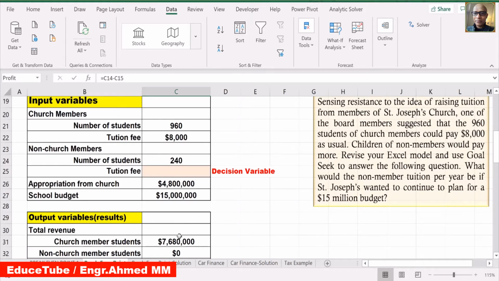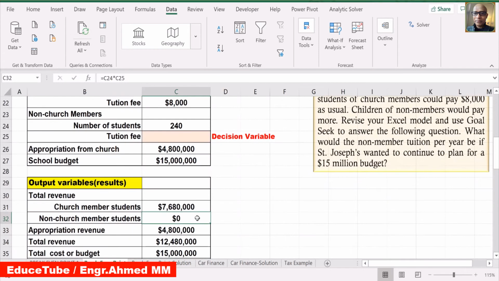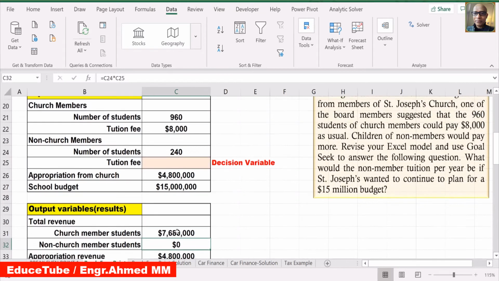But this one came automatically by multiplying these two, C21 and C22, very easy multiplication. The appropriation revenue is already 4.8 million.